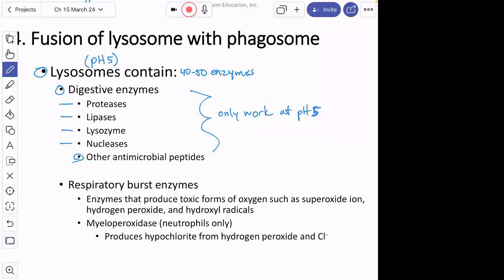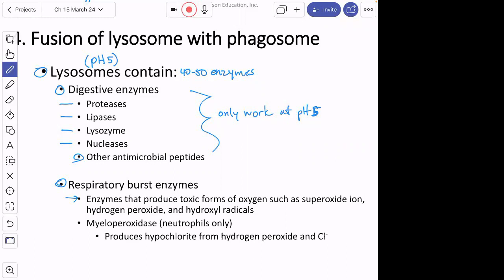There are other enzymes that do some pretty cool things, just a couple examples. There are enzymes that actually produce toxic forms of oxygen. We talked about these: superoxide ion, hydrogen peroxide, hydroxyl radicals. These are all oxidizing agents, so they're trying to fill up their outer shell of electrons. They're grabbing electrons from other molecules and causing lots of damage.